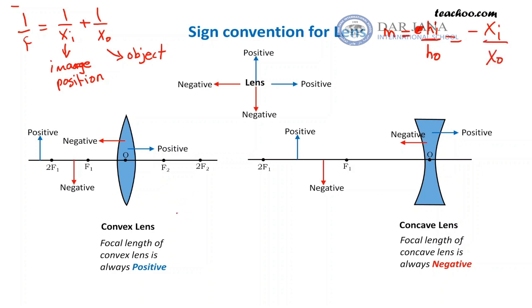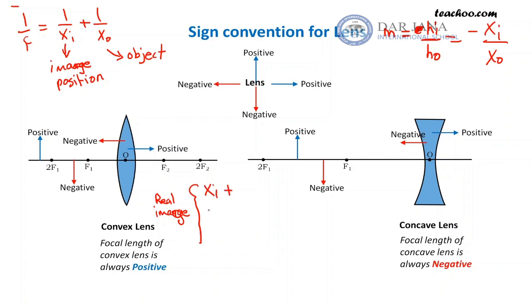Now let's talk about what's the difference between real image and virtual image. The real image should be on the other side, so xi is positive.